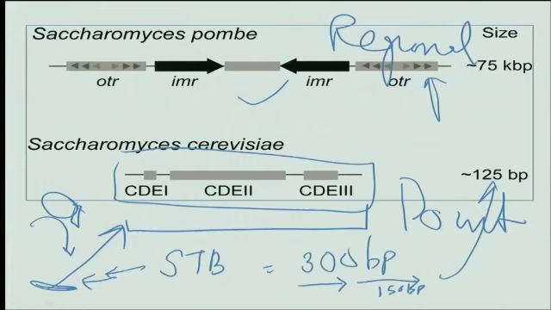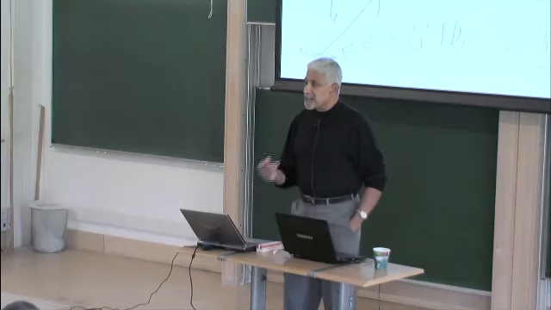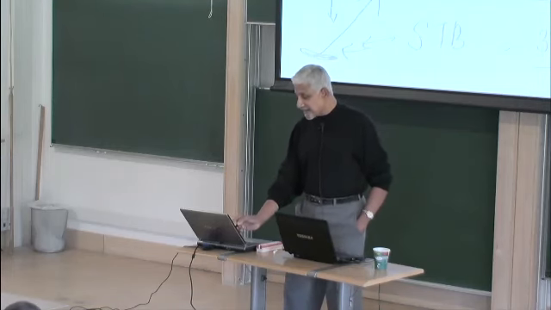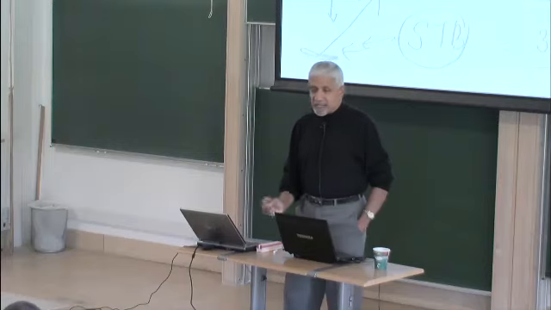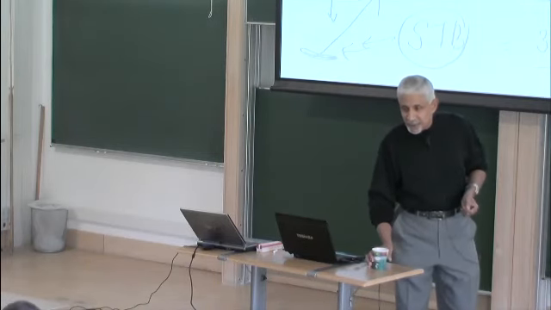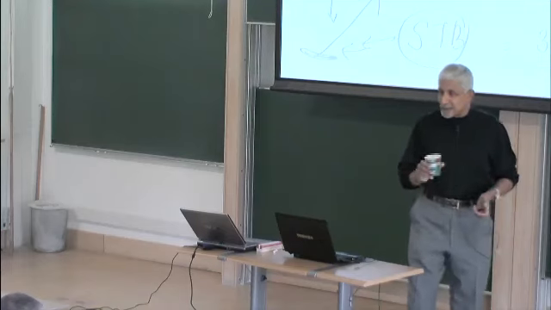So the evolutionary argument has been that when the normal regional centromere function in this lineage was incapacitated, the plasmid STB was domesticated as a chromosome centromere and evolved the chromosome segregation pathway.